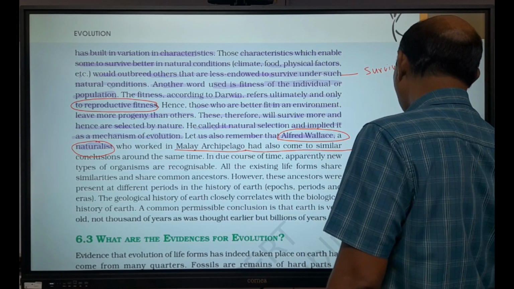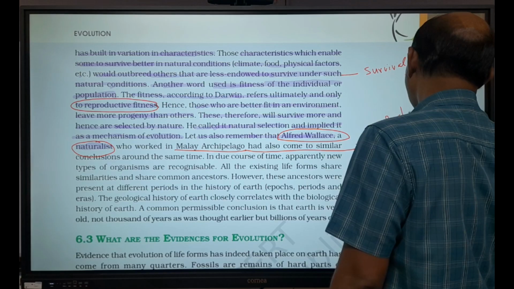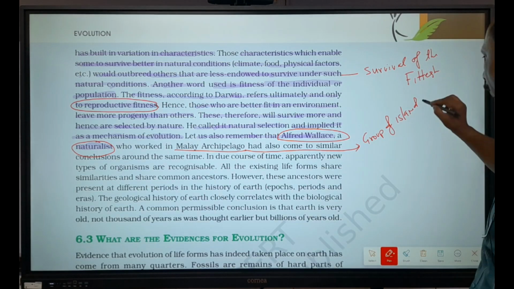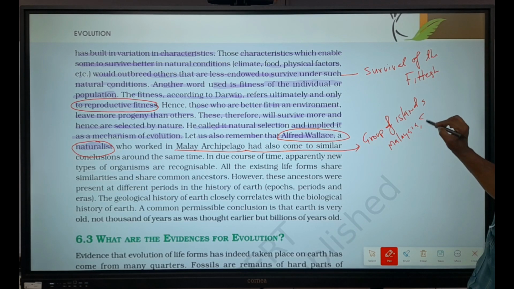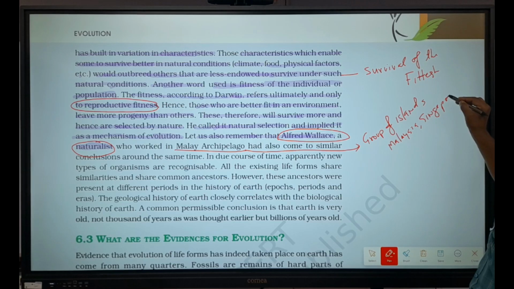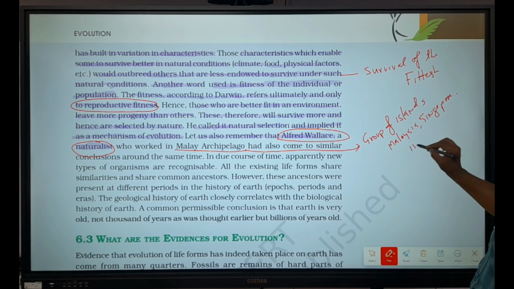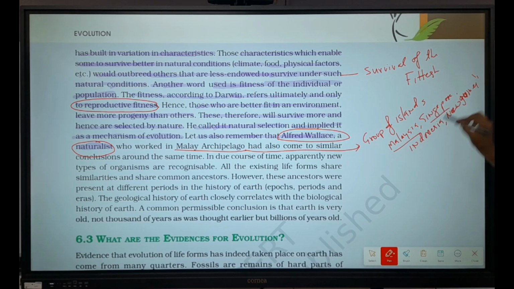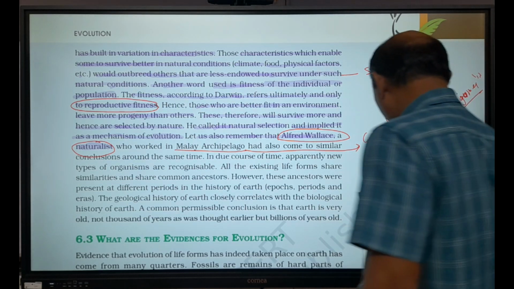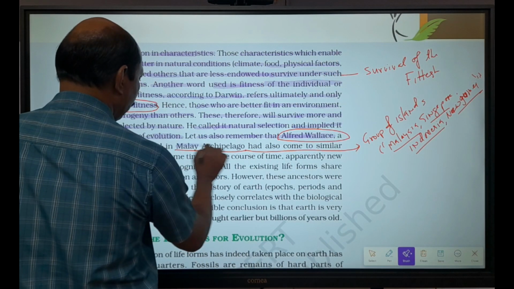It is a group of islands, which contains Malaysia, Singapore, Indonesia, New Guinea. This group of islands is called the Malay Archipelago.